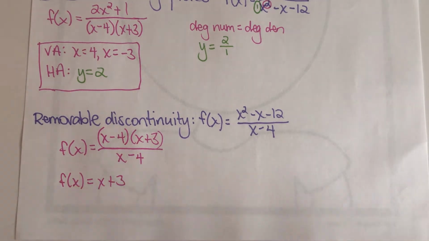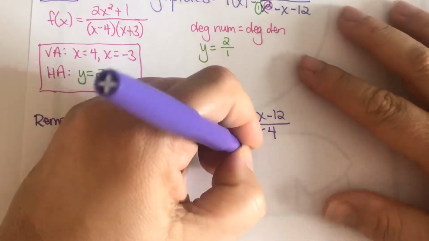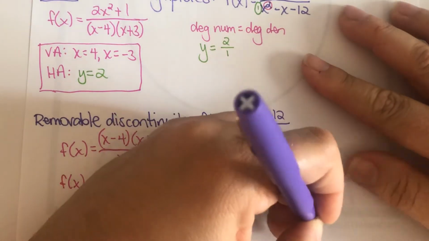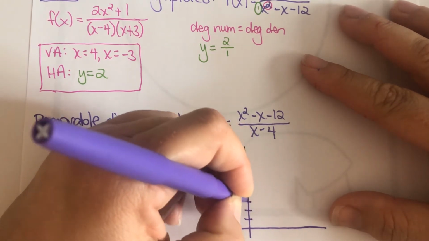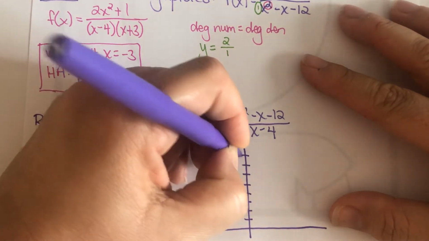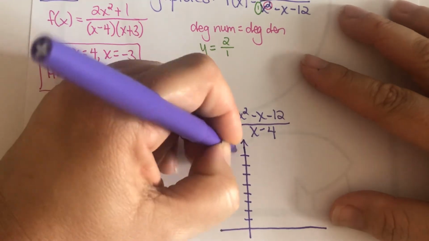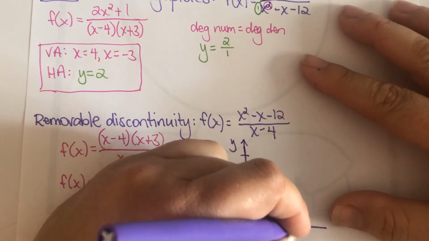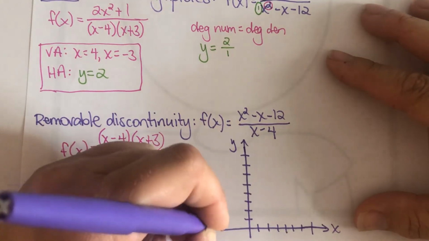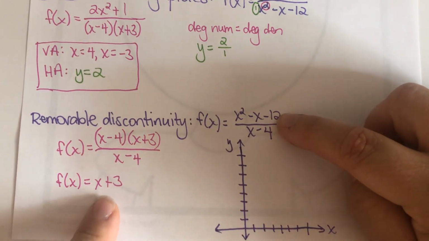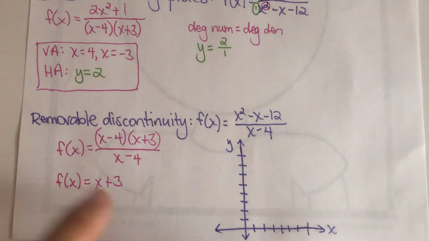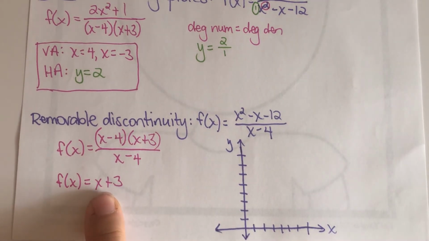So if I were to graph f of x, the graph of this function is going to look just like the graph of this function with one exception, and I'll explain in a minute. So I'm going to graph this. I'm going to start at 3.